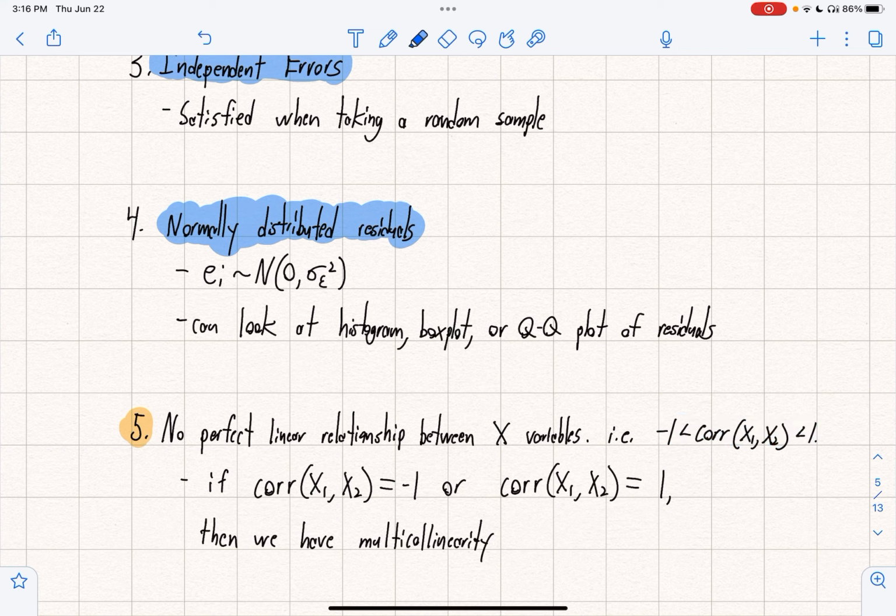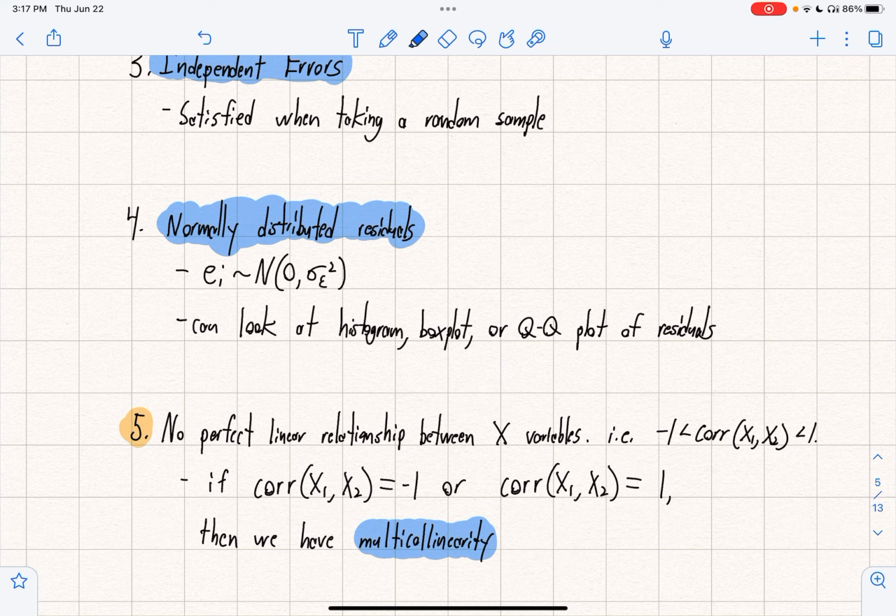If we do have a perfect relationship, meaning the correlation of x1 and x2 is equal to negative 1 or positive 1, then we have something called multicollinearity. It's another big word to impress other people, I guess.